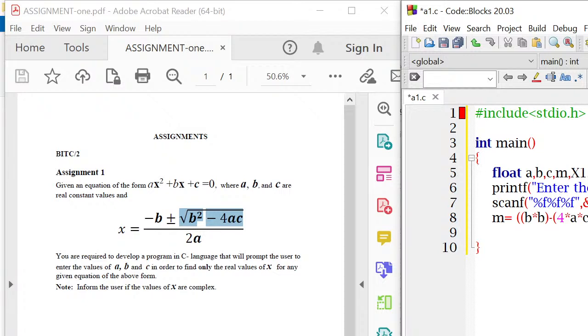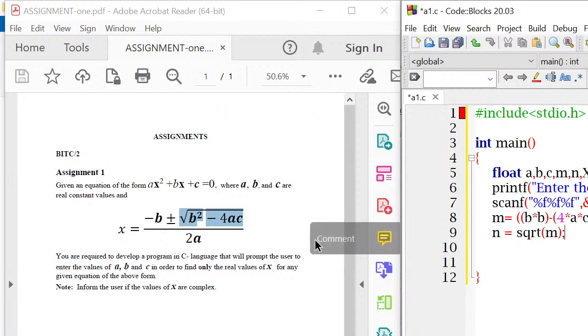Okay, I think this is enough. Or we can get another variable. Let's call it n, to simplify this. n is now equal to the square root of what is inside the bracket, which is m.